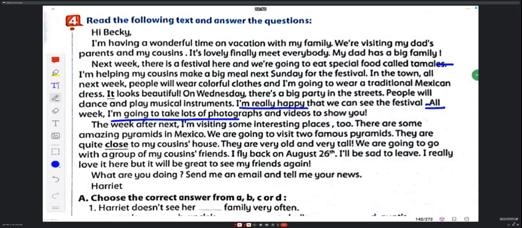I am really happy to attend, or see, or watch, attend the festival.